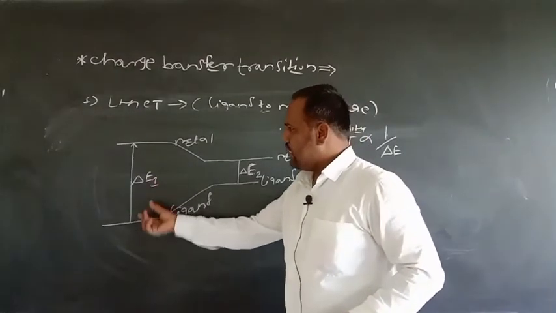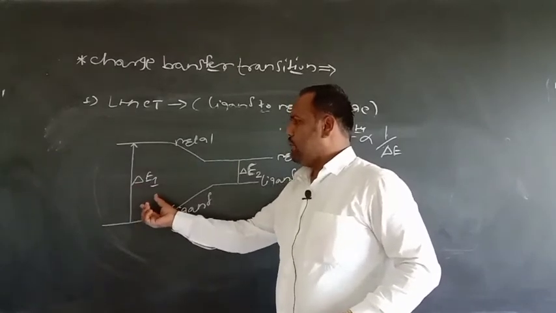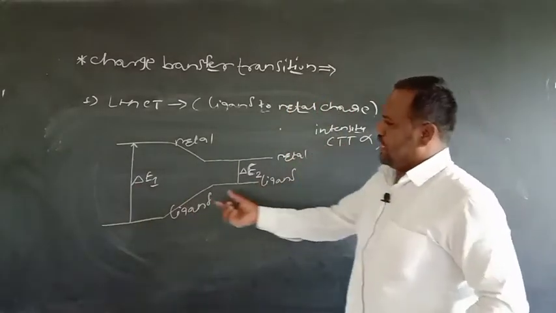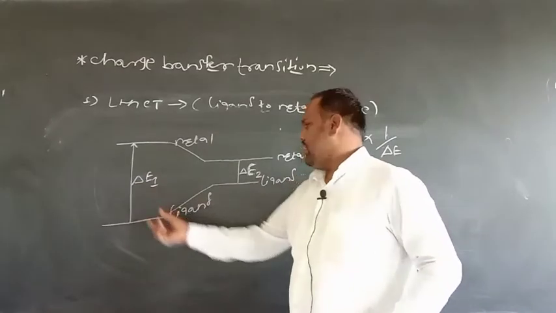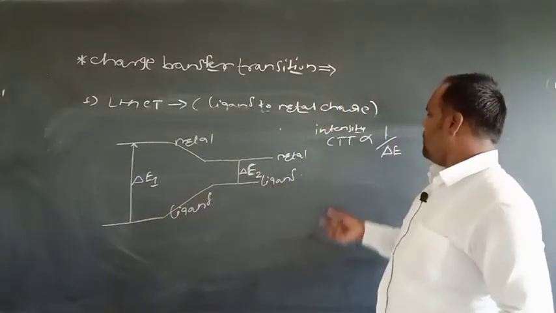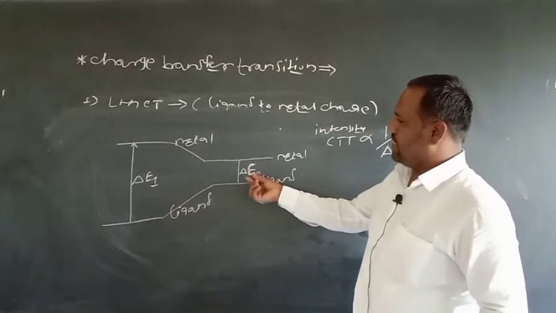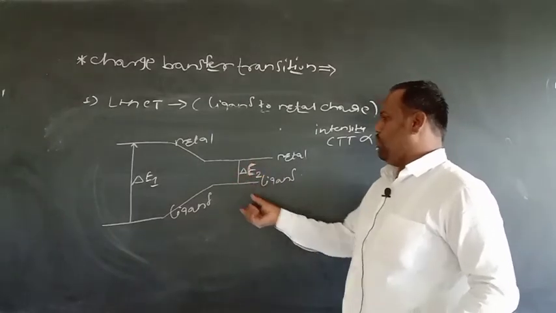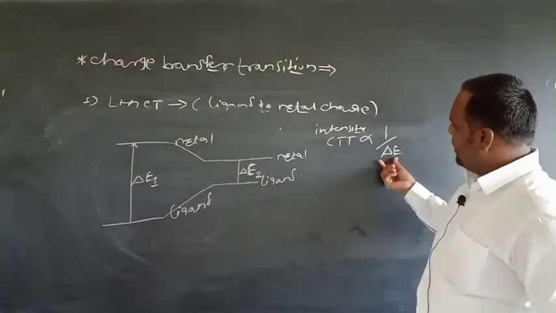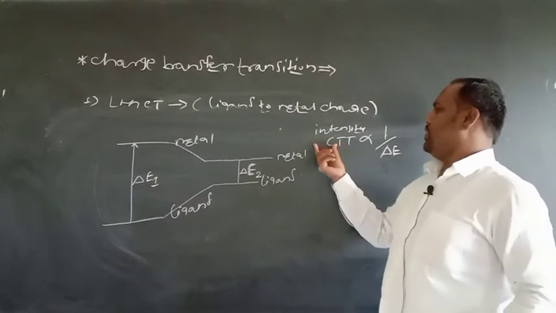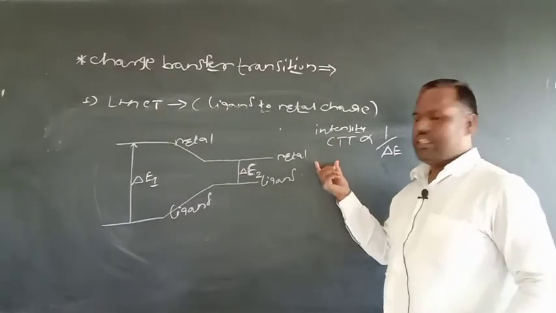In this case the energy difference is very high, and therefore the intensity of charge transfer transition is very weak. But in this case, delta E2 is very small. So as the energy difference decreases, the intensity of charge transfer transition increases.